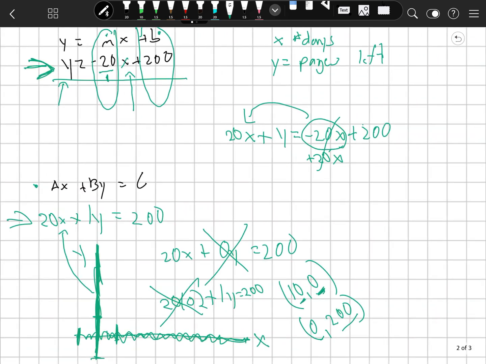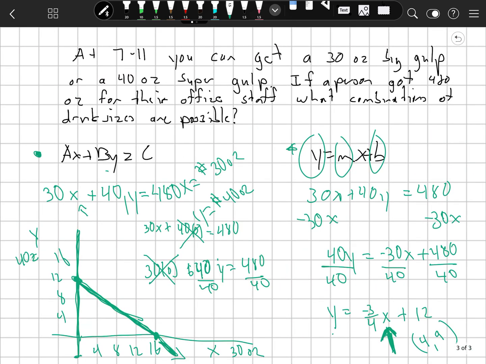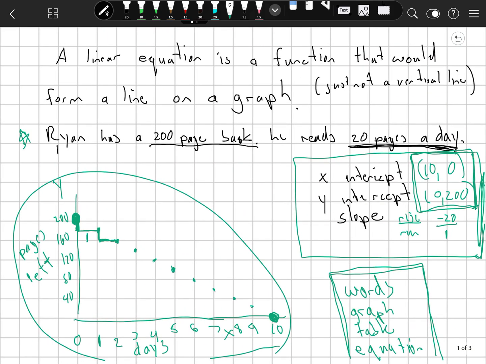You need to understand how to convert from slope-intercept to standard, and from standard to slope-intercept, and get a good idea of these three big landmark features: the slope, the x-intercept, and the y-intercept.